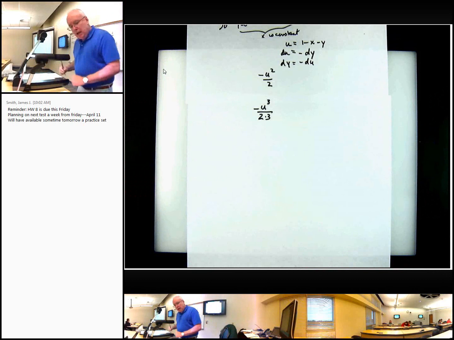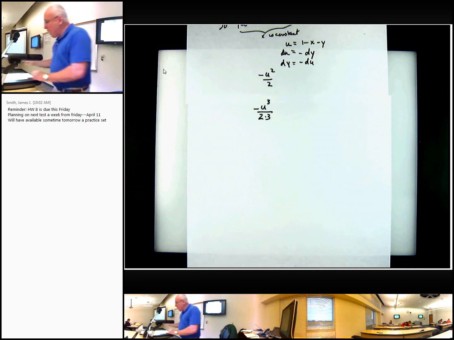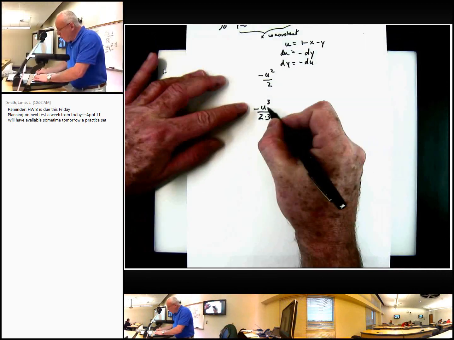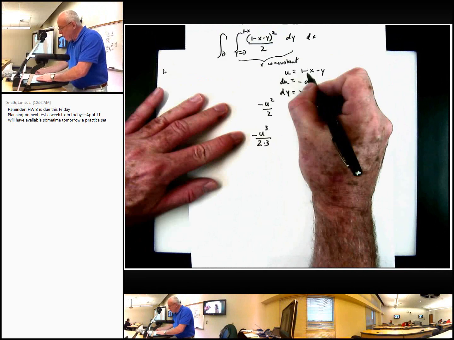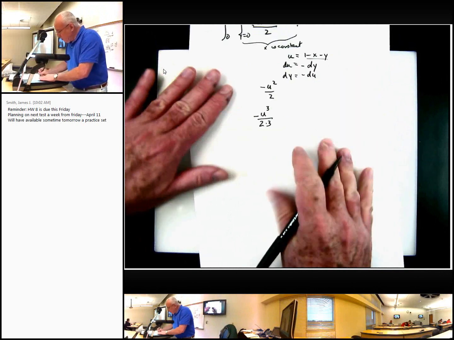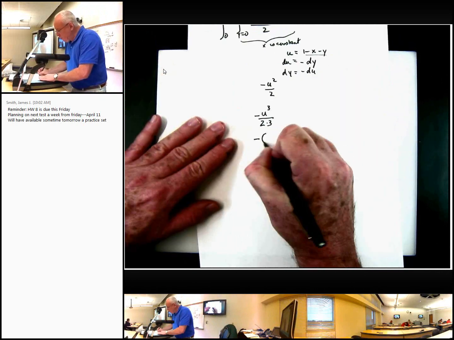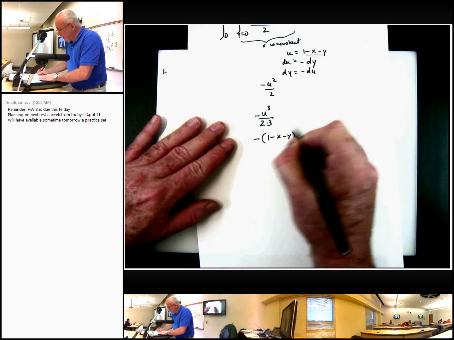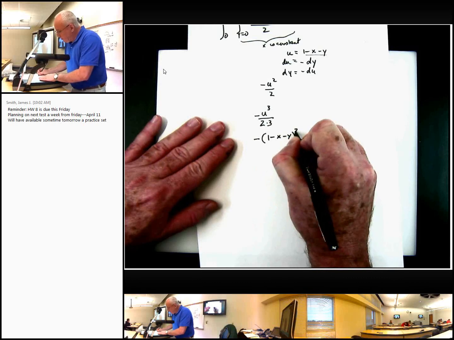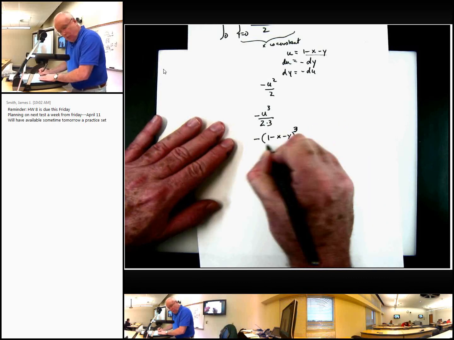Now let's get x and y back into the picture. u is equal to 1 minus x minus y. So we have minus parentheses 1 minus x minus y cubed all over 6.